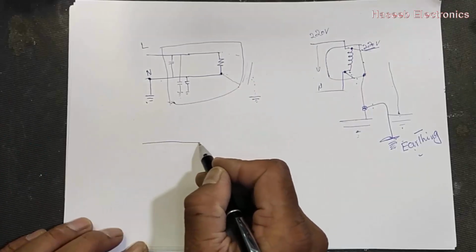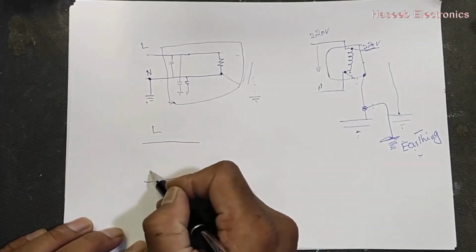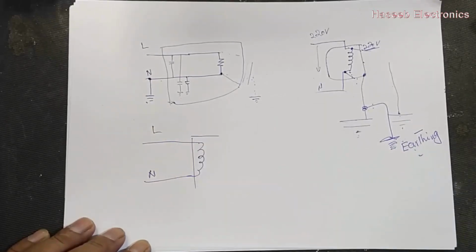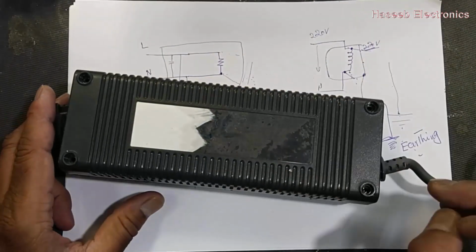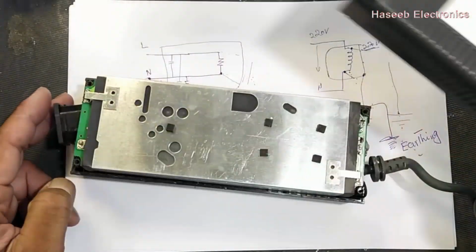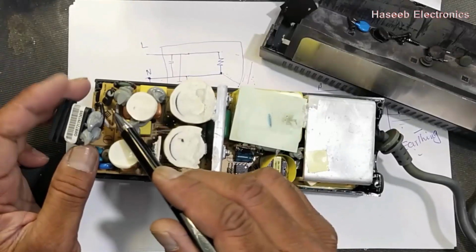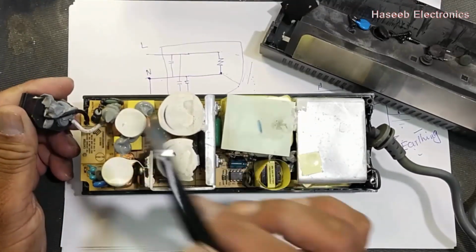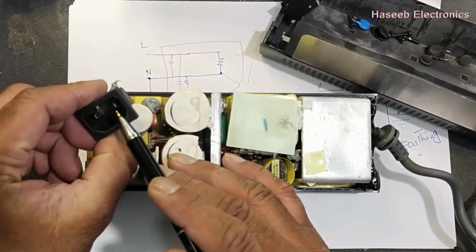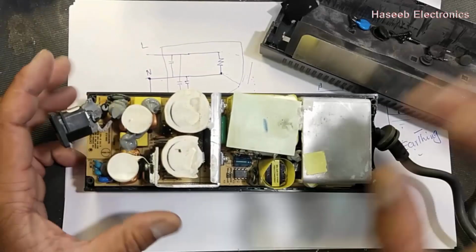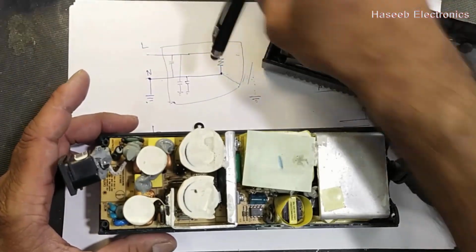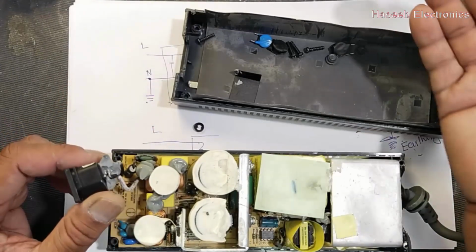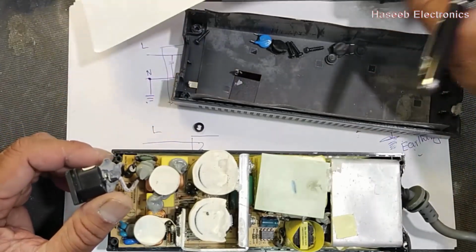I have line and neutral, and I have any load. For example, I have this Xbox power supply. Here we have these 2 lines, 1 and 2. As I discussed, if we have a metallic body, then it will use 3 wires.